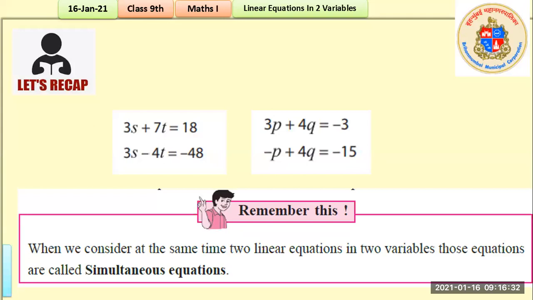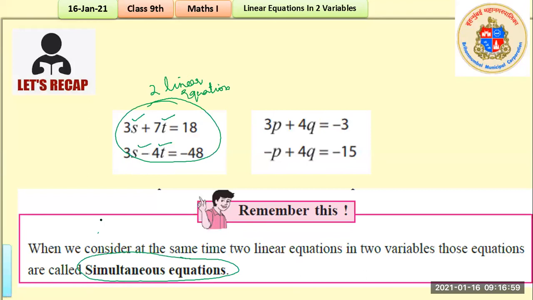As you can see on the screen, this is a set of two linear equations in the same variables, x and y. If we look at two equations at a time, we say those are simultaneous equations.